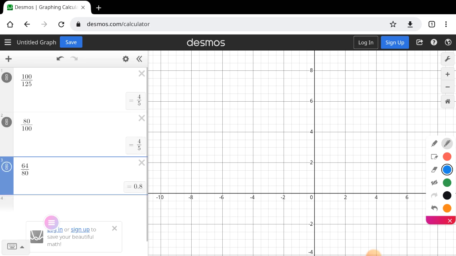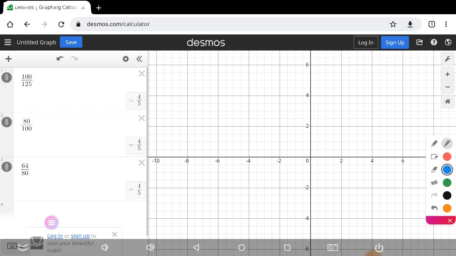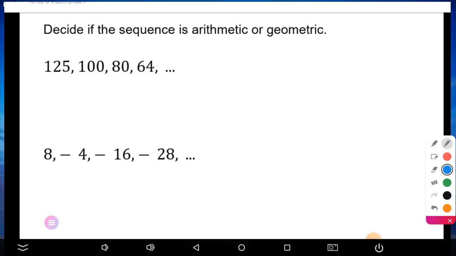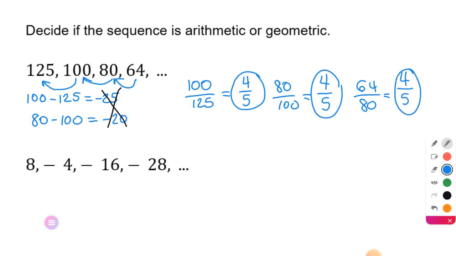You're probably assuming, and assuming correctly, that they all have a ratio of 4/5, which means it's a common ratio. Therefore, it is exponential. So a common ratio means it is geometric, which means it would be exponential as we graph it. Geometric.